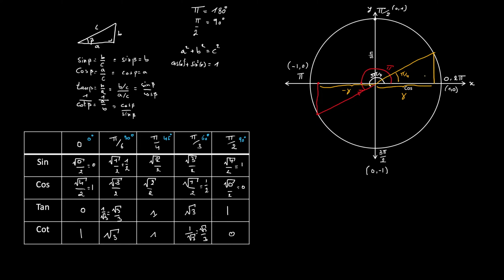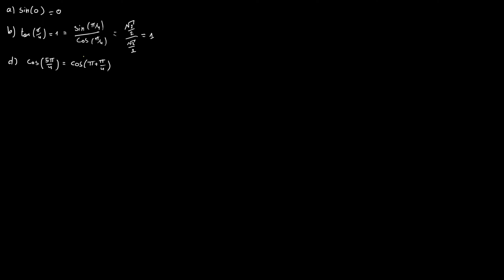Meaning that we can just look up our cosine value for pi over 4. Let's look in our table, it's square root 2 over 2, meaning that we haven't traveled square root 2 over 2, but we are at minus square root 2 over 2, right?